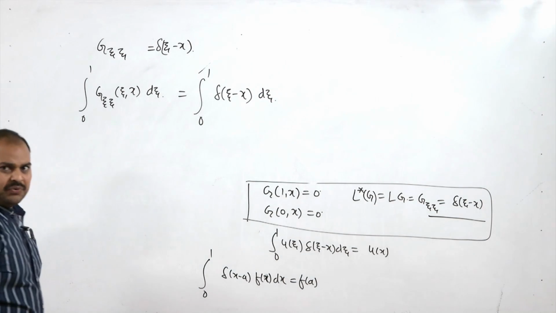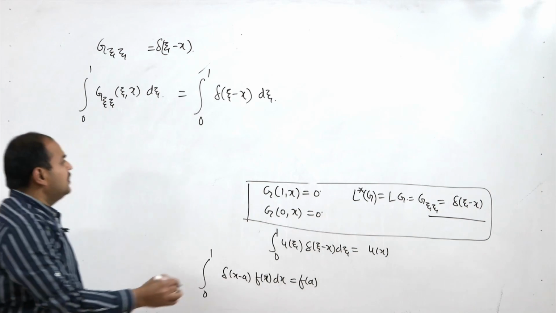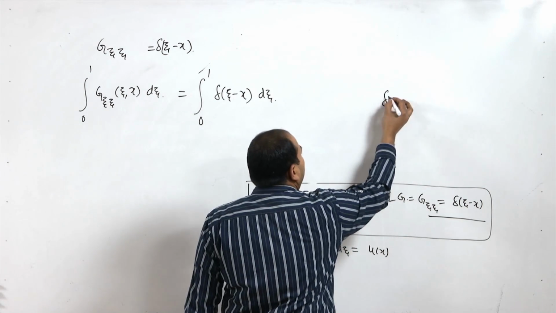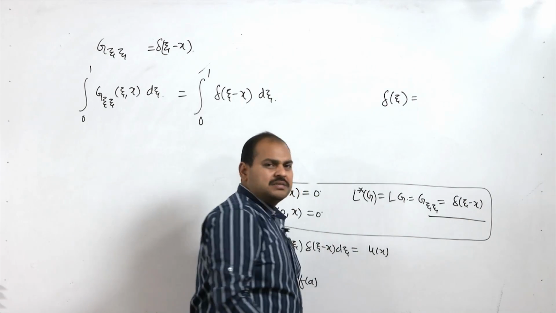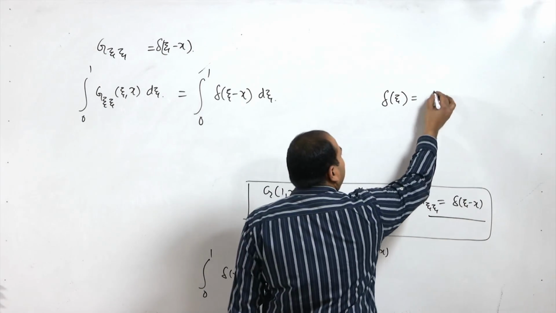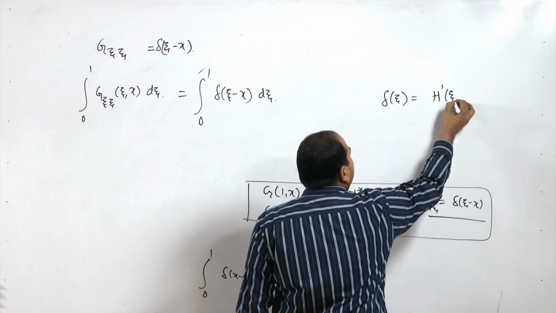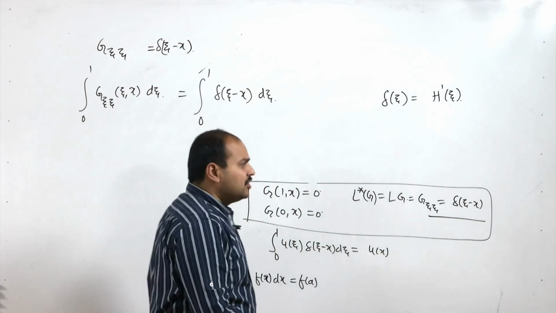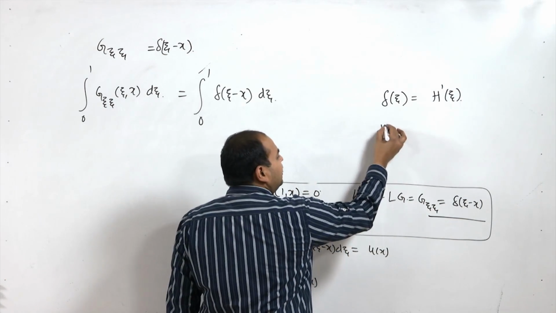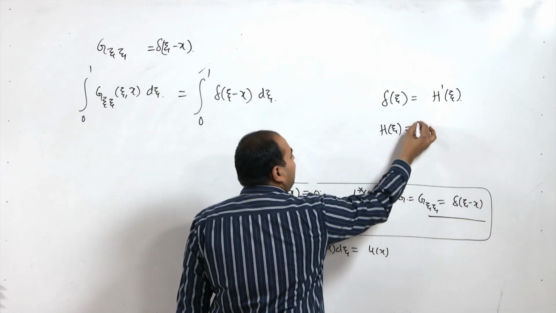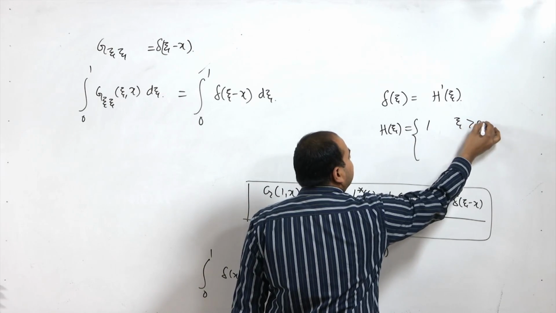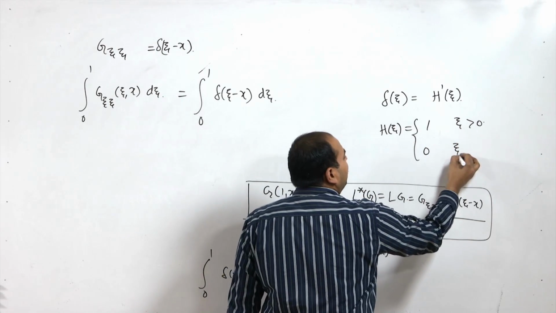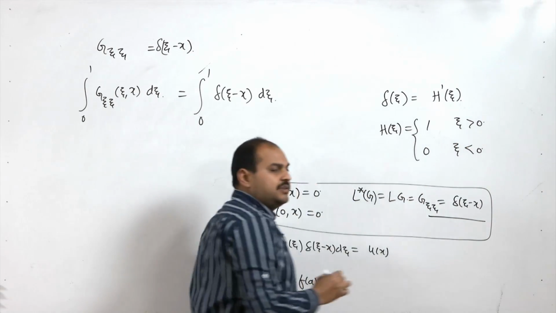And if we recall, this Dirac delta function δ(ξ) can be considered as the derivative of the Heaviside function. Here the Heaviside function is defined as 1 when ξ is positive and 0 when ξ is less than 0.